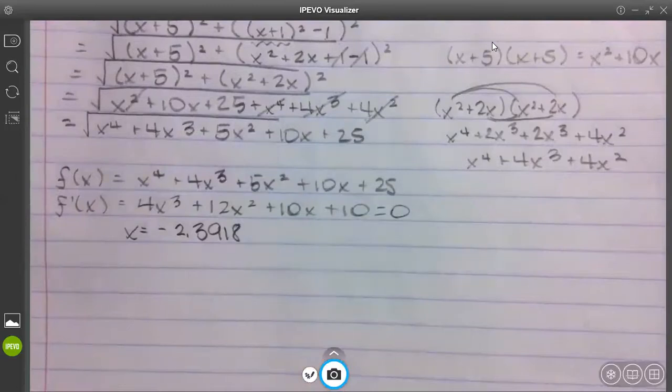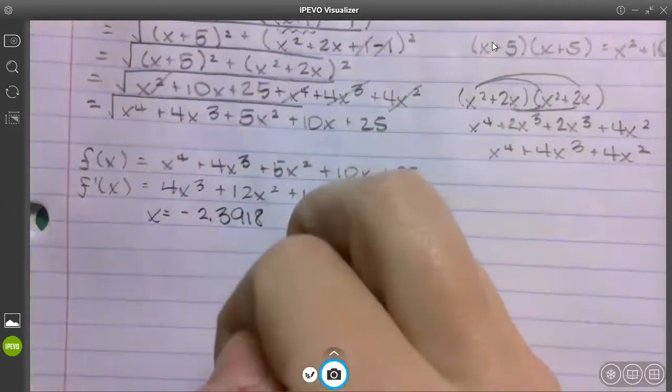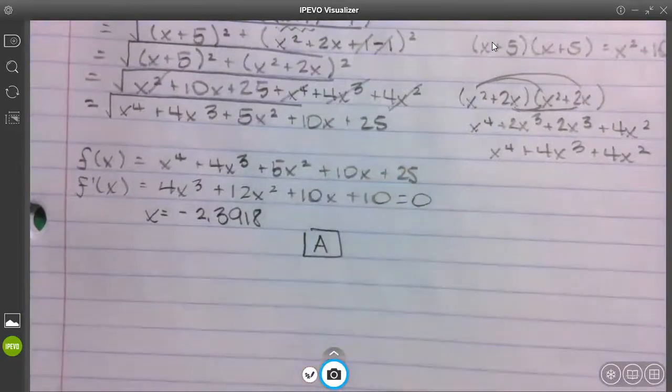If you guys look, there's only one of those on your x. Remember, we were solving for x, and that is on A. How do you find your y? You plug it back in to your f of x equals x plus 1 squared.